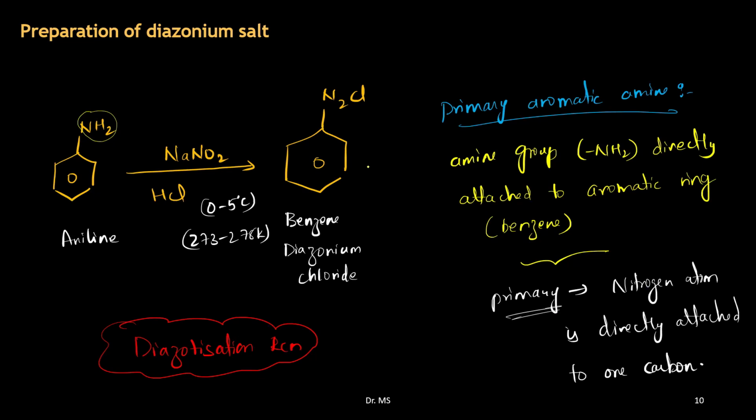And this benzene diazonium chloride will now convert into the benzene chloride or the benzene bromide. This step from aniline is called the diazotization reaction, and this entire reaction you can call the Sandmeyer reaction. Understood? So what is the diazotization reaction and what is the Sandmeyer reaction?